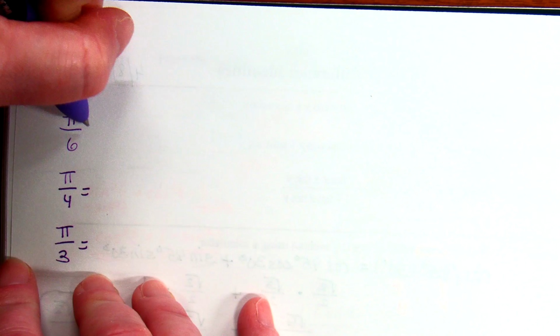Here's the first thing I would suggest. Pi over 6, pi over 4, and pi over 3. What are each of these in terms of twelfths?